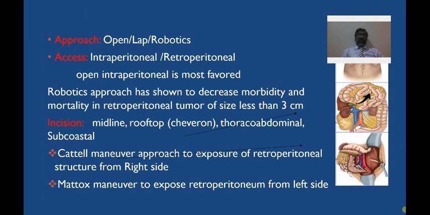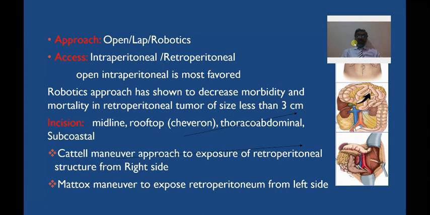Open approach is intraperitoneal or retroperitoneal, and open intraperitoneal is the most favored one. Robotic approach has been shown to decrease morbidity and mortality in retroperitoneal tumors of less than 3 centimeters in size. But in Pakistan, this facility is not present up till now.